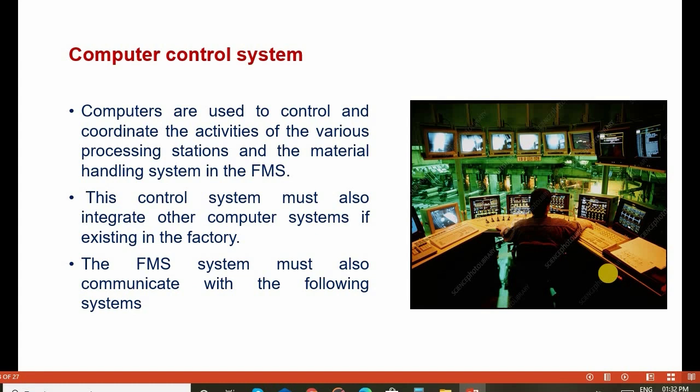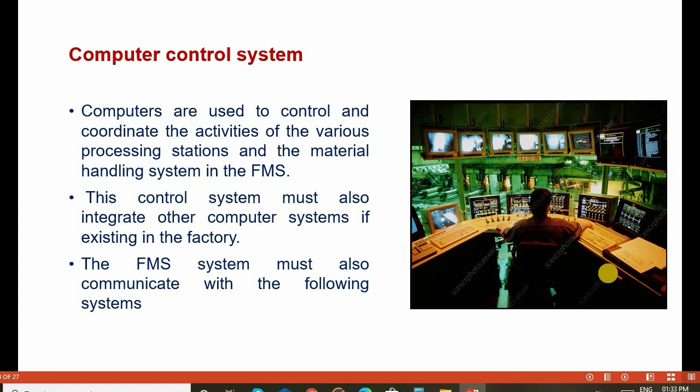Next, the computer control systems. Computers are used to control and coordinate the various activities of the various processing stations and the material handling system in the FMS. So in the FMS, computers play a very important role in control and coordination.